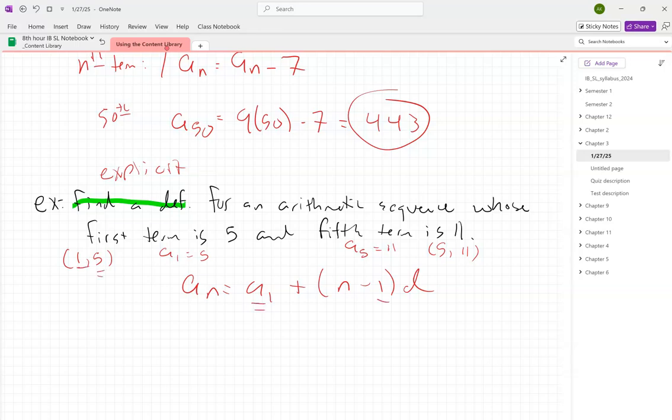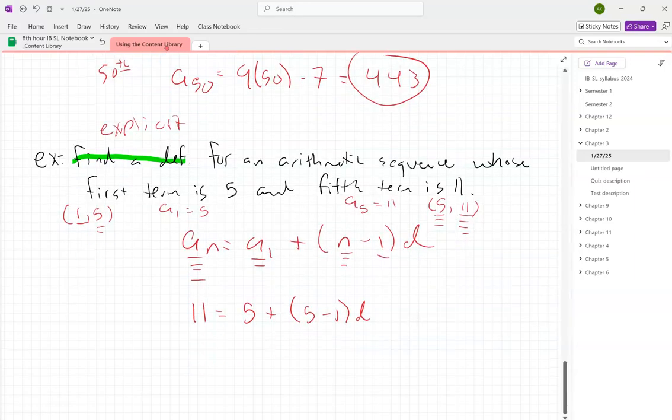So if I just plug these in, I have 1 already there. 5 is going to go there, this 5 is going to go there, and this 11 is going to go there, and then I'm just going to solve that for d. So if I subtract the 5 over, I get 6. 5 minus 1 is 4.